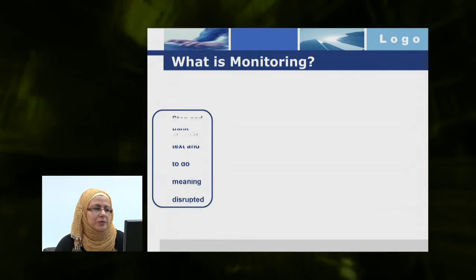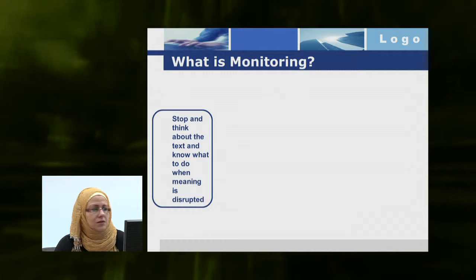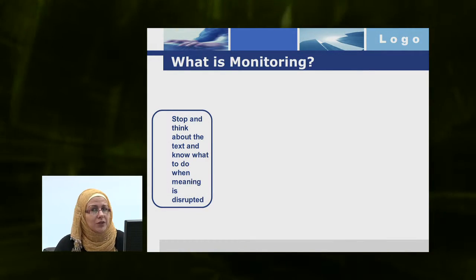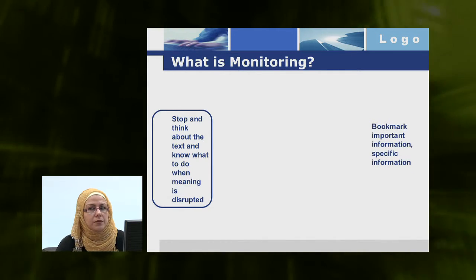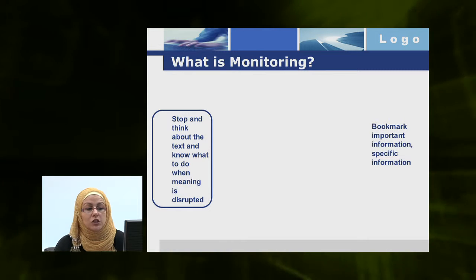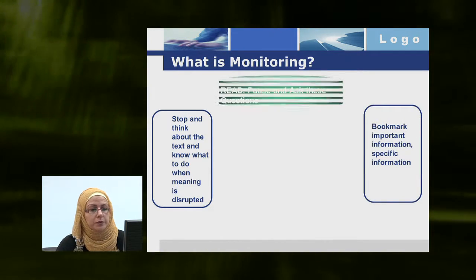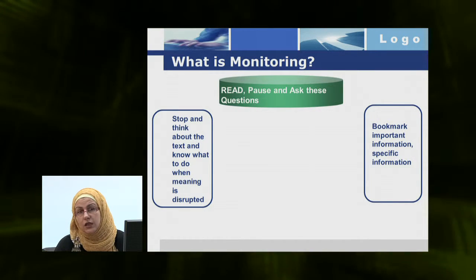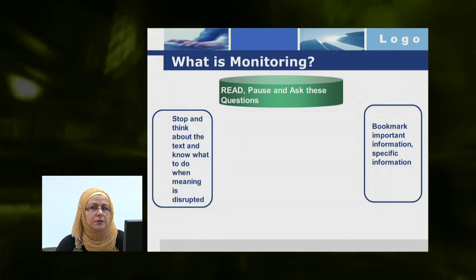What's monitoring? It's to stop and think about the text and know what to do when meaning is disrupted. This pause is very important. You need to bookmark important information, specific information. To do that, you need to read, pause, and ask yourself many questions.